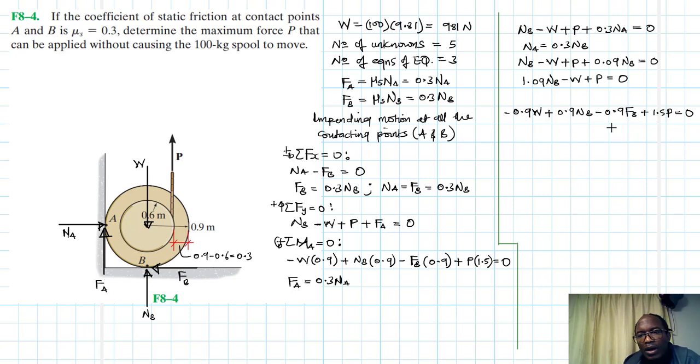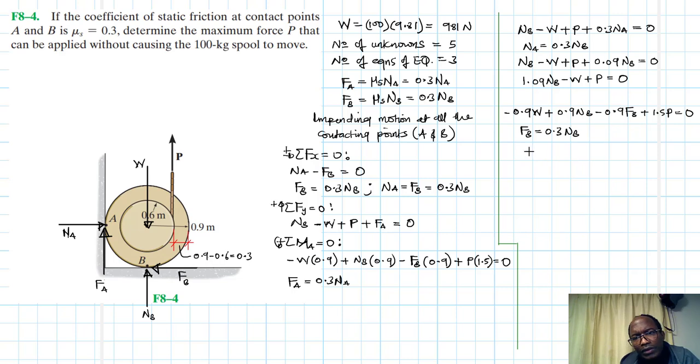We know that FB is equal to 0.3 NB, so we can replace that there and then sum it up and write it. So we'll have 0.9 minus 0.9 by 0.3.